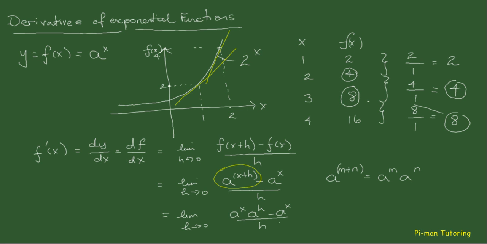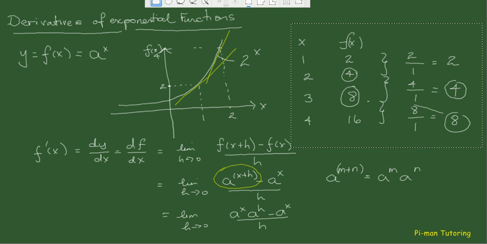Now if you notice, we have a common factor of a to the x on top. And since a to the x does not contain any h, it can be pulled outside of the limit without affecting the calculation. So let's make some space over here so we can keep this all on the same page.